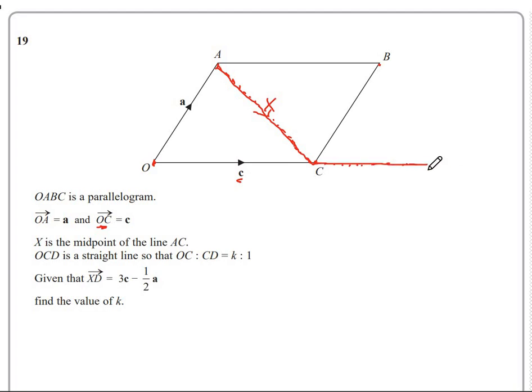So we could label this point D. So we have our straight line OCD, such that OC to CD equals K to 1. So OC would be K, and CD would be 1.